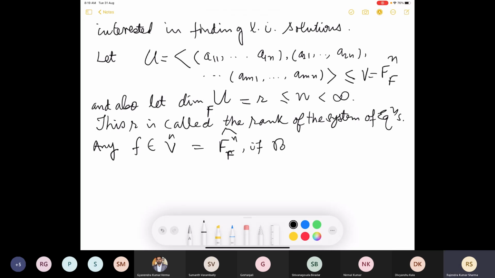If B is the standard basis, let us take v1 to be, let us say, 1 0 0 0, and like that, say vn to be 0 0 and say 0 1. This is the standard basis for Fn over F.